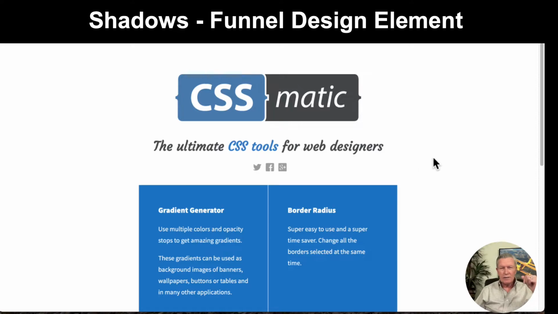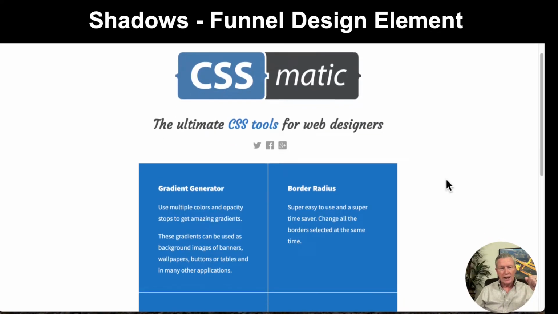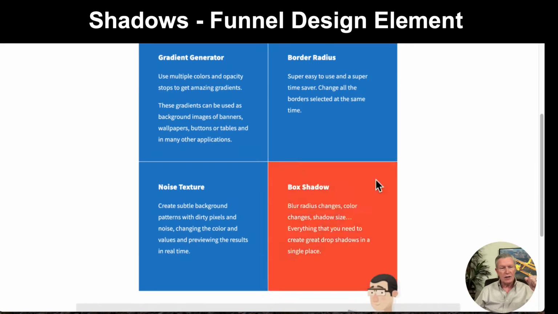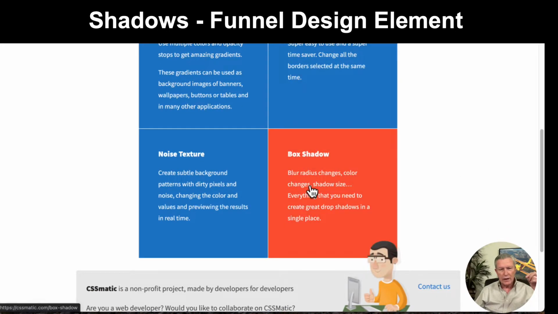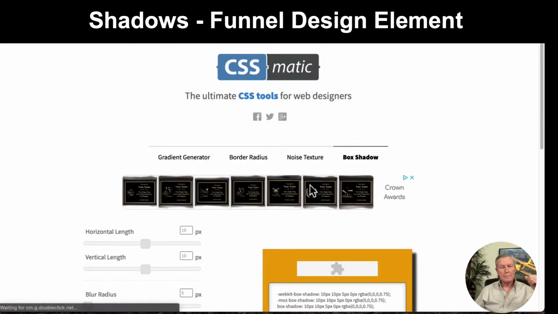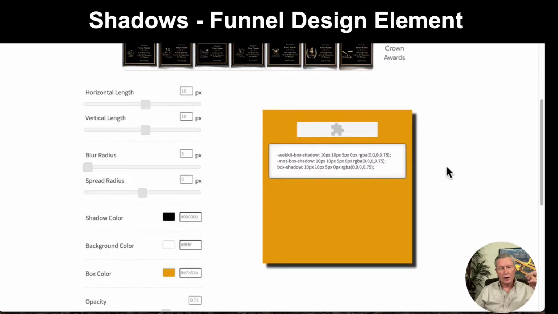This is an excellent place to go whenever you need things like a gradient generator, border radius, noise texture, or box shadow. Box shadow is the one we're going to be looking at right now. So we're going to click on box shadow, and if you notice here, we've got the shadow right there. What we want to do is make that thing look awesome.